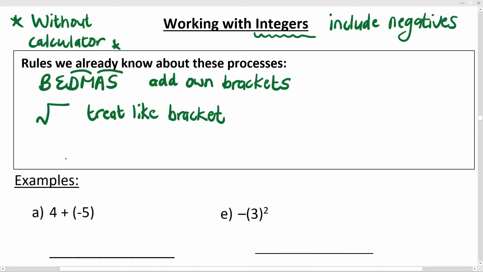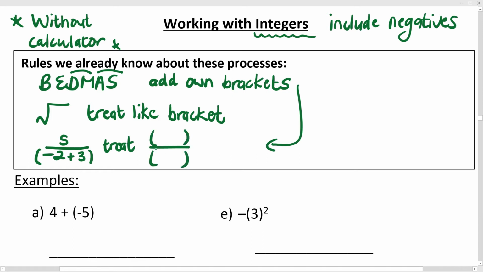Okay, and then I want you to be aware that if you have things in a binomial form, so if you have, say, a 5 and then you've got -2 plus 3 underneath, it's a good idea to treat a binomial, so something with two numbers or more than two, it's a good idea to actually go and add your brackets, and that's where this skill comes in again, is to treat the top and the bottom of a fraction as though there are implicit brackets in the top and the bottom.